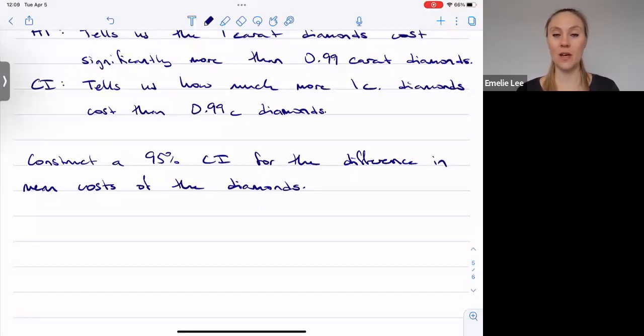So what can we do? Our confidence interval, as always, is our point estimate plus minus our critical value, which is a T star in this case. We already know our degrees of freedom is 22, so you can use that. You don't have to show it again. And then the standard error of the point estimate, which we have already calculated and I saved in my calculator.